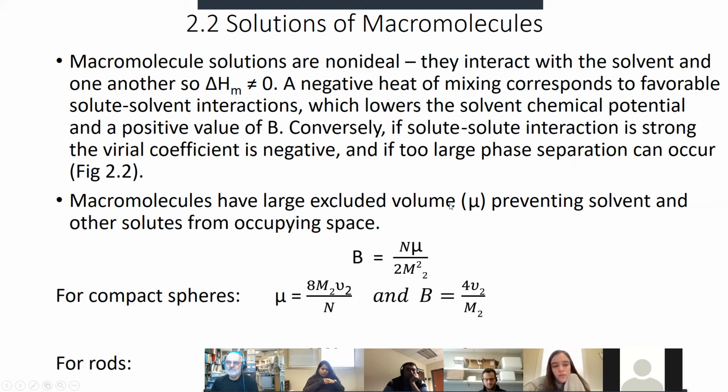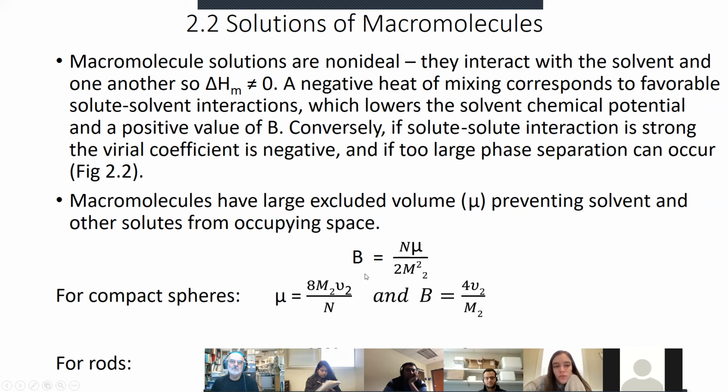Large excluded volume is something that we can quantify through some mathematics. The quantification involves what is that excluded volume. So U here, unfortunately, looks like a chemical potential. It's not meant to be. It's meant to be a U times Avogadro's number divided by molecular weight squared. Okay, this is the general equation for what the volume is.